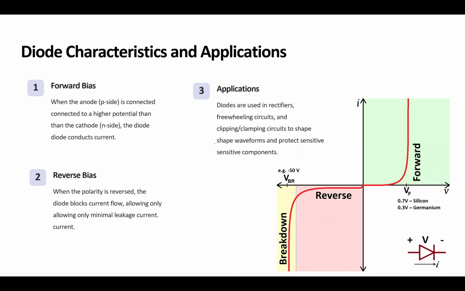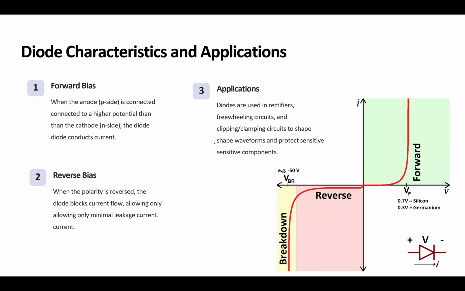For example, if you have minus 50 volts over that simple silicon diode, the models have different breakdown voltages. This is one example of one model. It would break down in an avalanche situation, and then the diode is done.